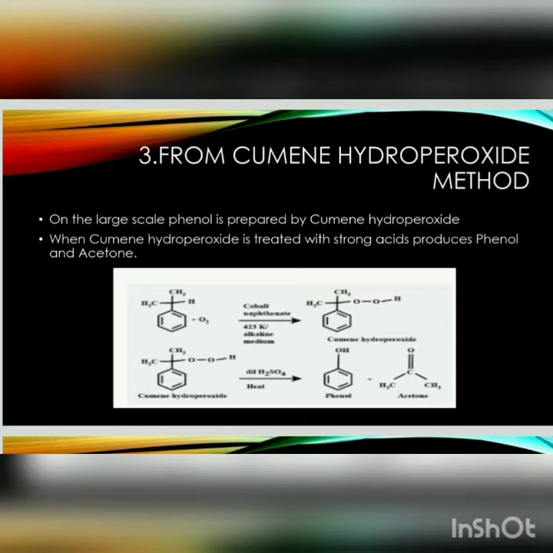This isopropyl benzene or cumene reacts with oxygen or acids, producing cumene hydroperoxide. This cumene hydroperoxide undergoes a rearrangement type of reaction. After rearrangement, it produces phenol and acetone, right?